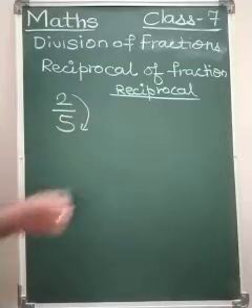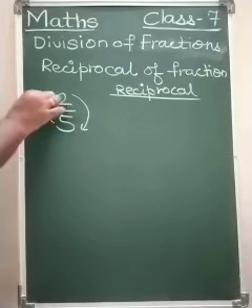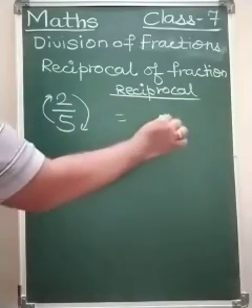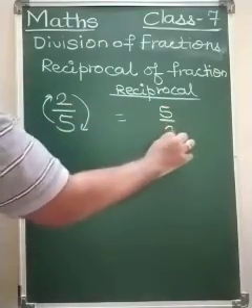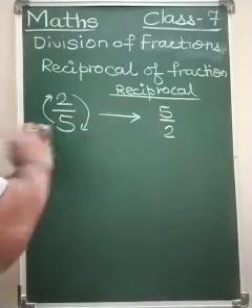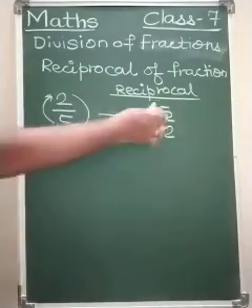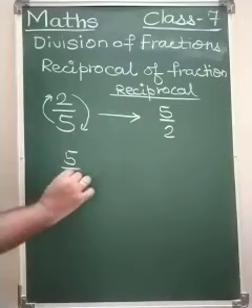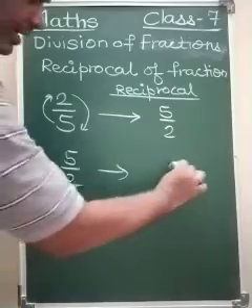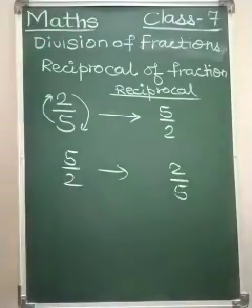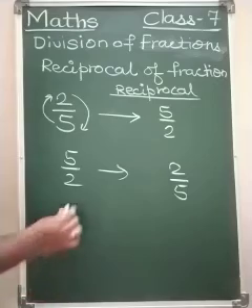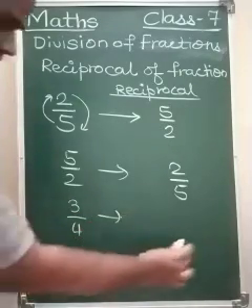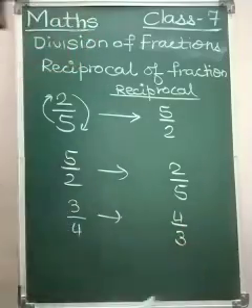So the reciprocal of 2 upon 5 is 5 upon 2. Suppose we have 5 upon 2, its reciprocal will be 2 upon 5. Suppose we have 3 upon 4, then its reciprocal will be 4 upon 3.